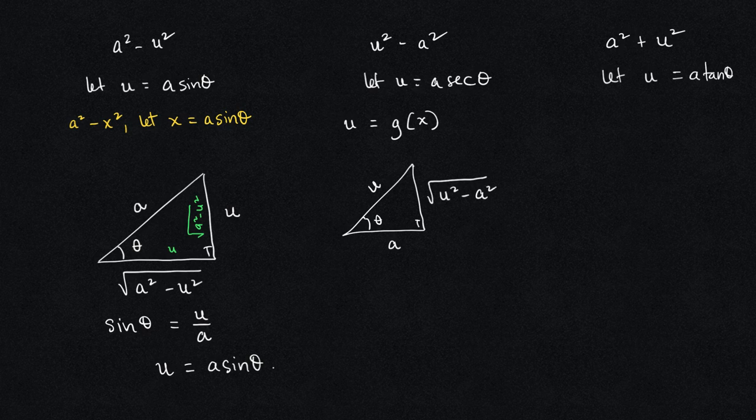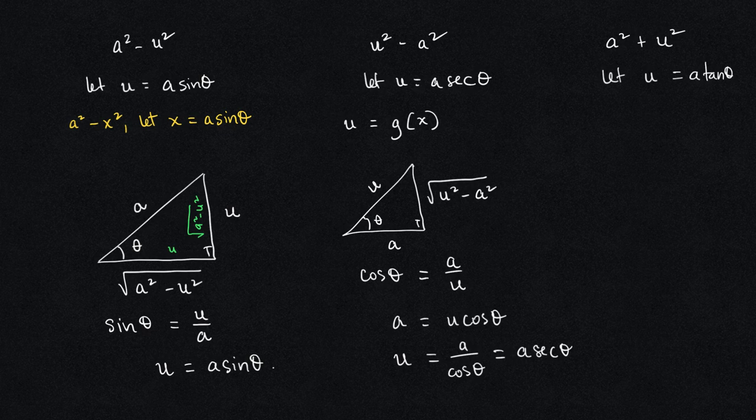From this, we see that cosine of theta is a over u. Therefore, a equals u cosine theta, so u is a over cosine theta, but 1 over cosine theta is secant theta. And that is the reason why we let x be a secant theta.